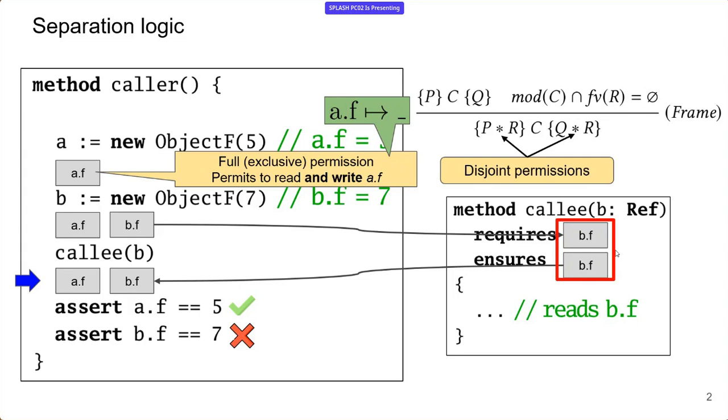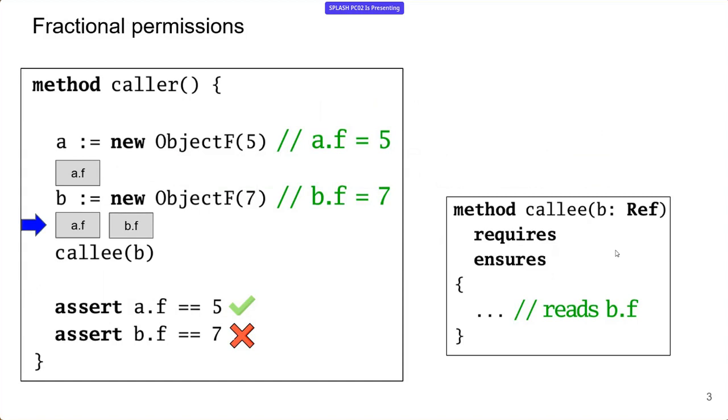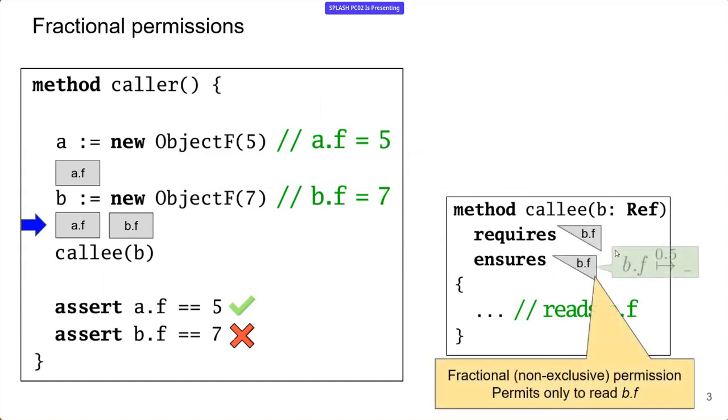To give a stronger specification, we can use fractional permissions. Fractional permissions are an extension in which we have fractions between 0 and 1 that can act as permission. So in this case, we can give as the precondition and postcondition of callee only half permission. This permits only reading, because some other thread or some other context might have another fraction to this heap location.